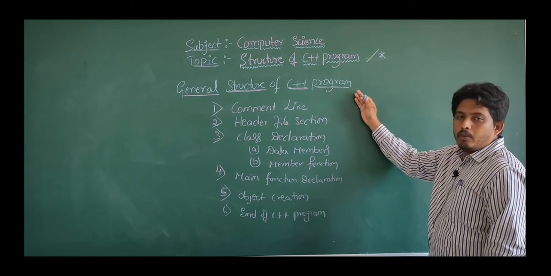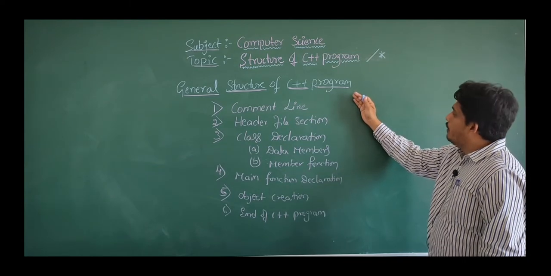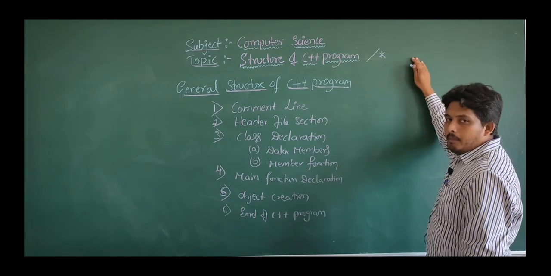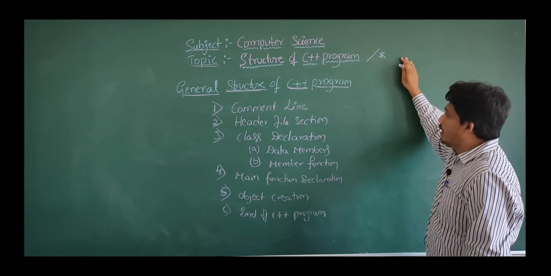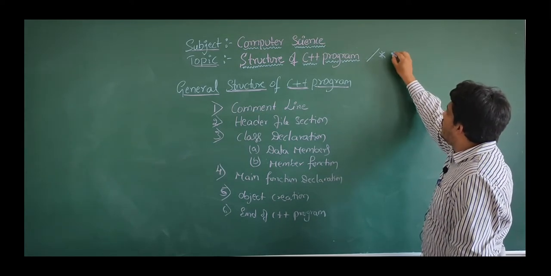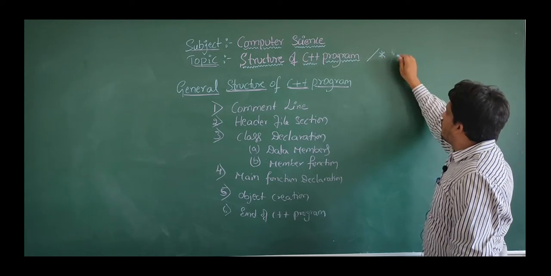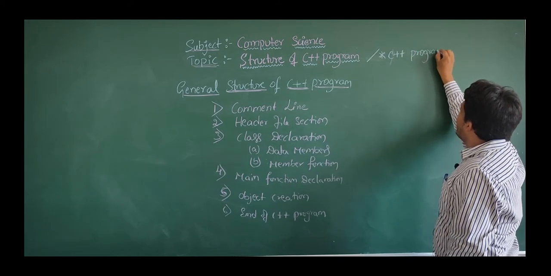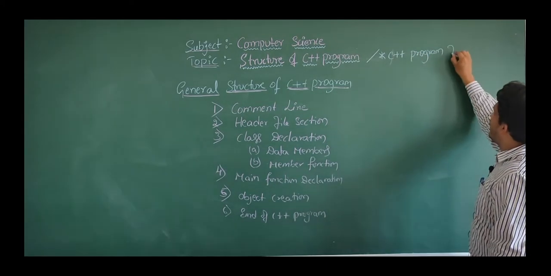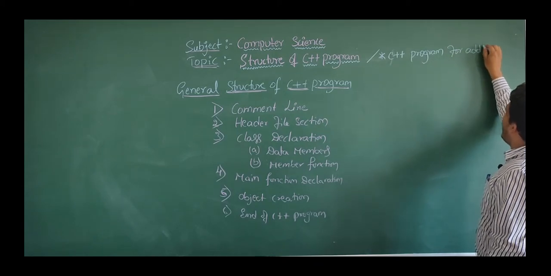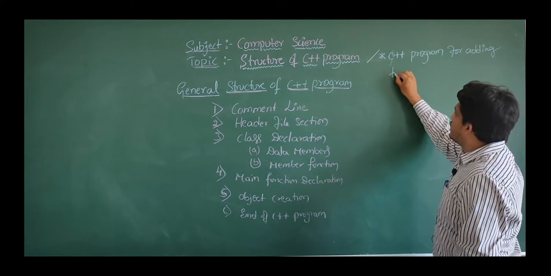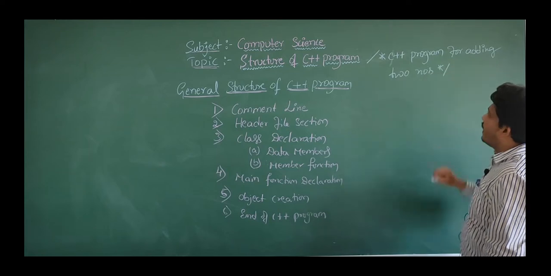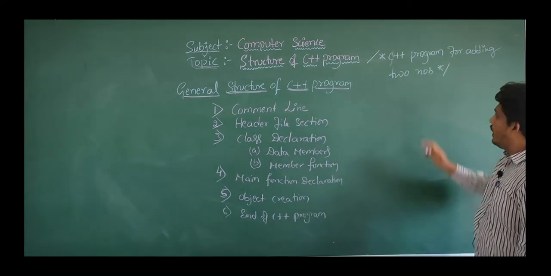I am going to write a program for addition of two numbers, therefore the purpose of the program is written in the comment line: this is a C++ program for adding two numbers. The comment line is ended with the same multiplication symbol and a slash.